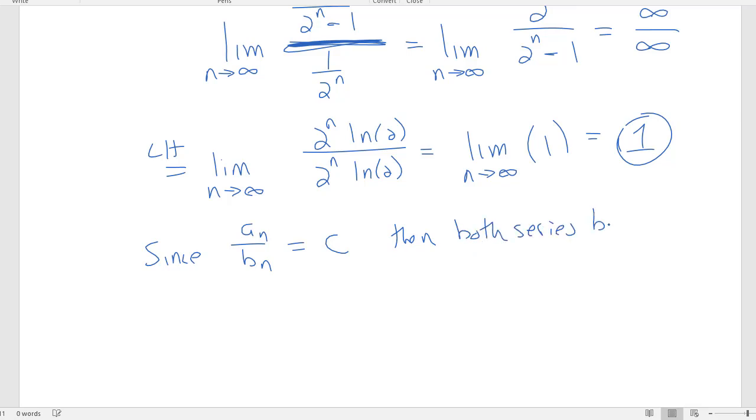Okay? Both series behave the same. And I'll just go ahead and say, thus, my series 1 over 2 to the n minus 1 converges.